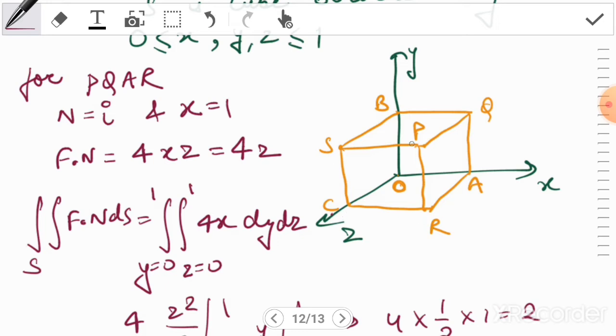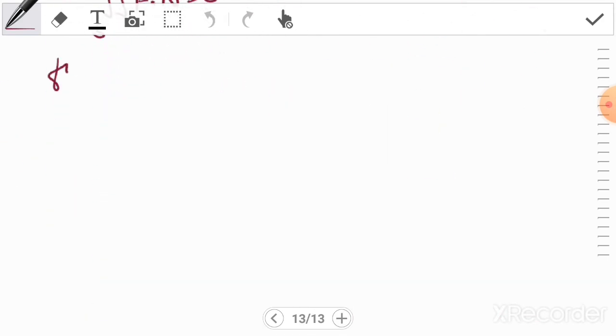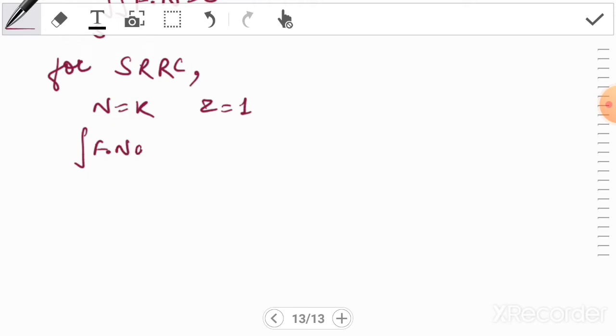Right. So again for surface SPRC, we will have the unit normal vector as plus k and z is constant 1 here. So for SPRC, n is equal to k and z is equal to 1. So the integral of f dot n ds is x from 0 to 1, y from 0 to 1, and yz it is, I think.